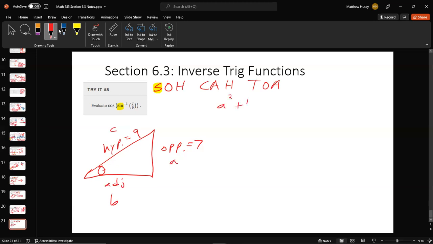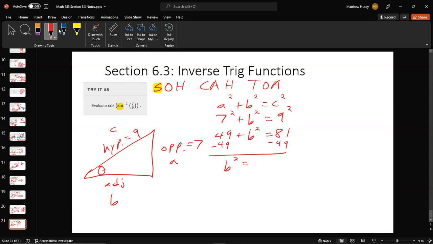So we know A squared plus B squared equals C squared. A is 7. We don't know B. We do know C, that's 9. So this is 49 plus B squared equals 81. Subtract. And let's see, B squared is equal to 81 minus 49, that is 32.